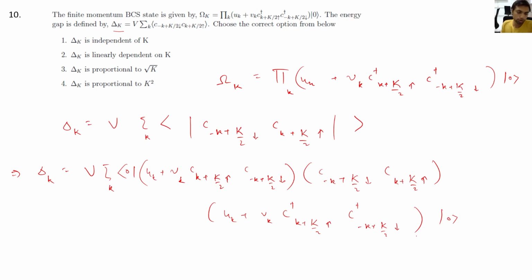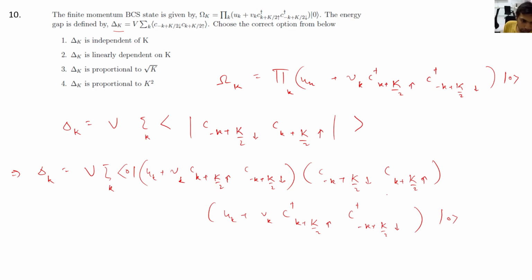Now we have to choose only those quantities which will survive. So let us ask ourselves which quantity will survive. First note that there will be terms in which there will be an equal number of c daggers and an equal number of c. Those quantities will survive because it will finally become an eigenstate of the number operator.